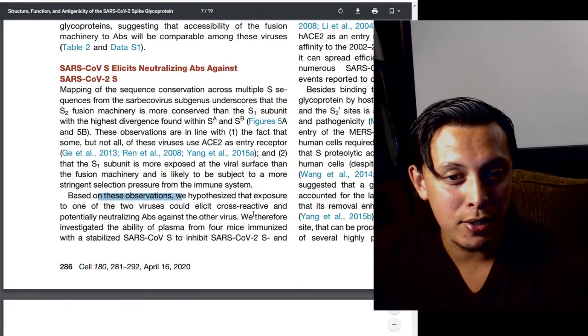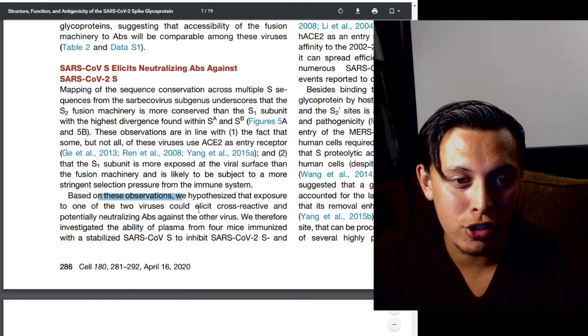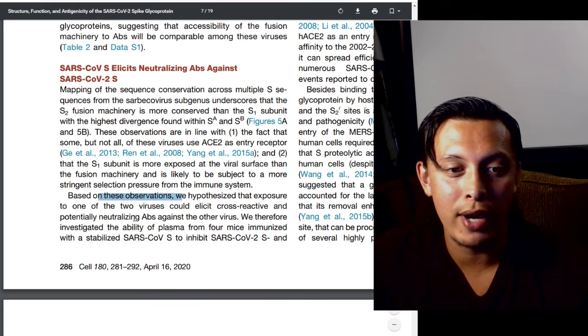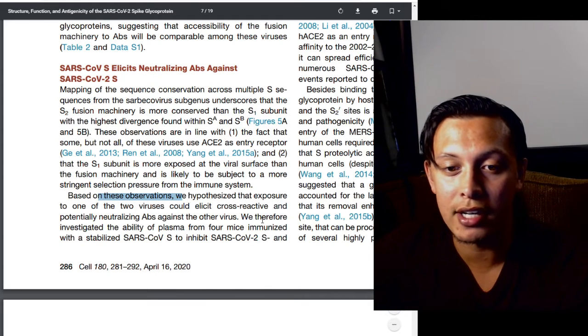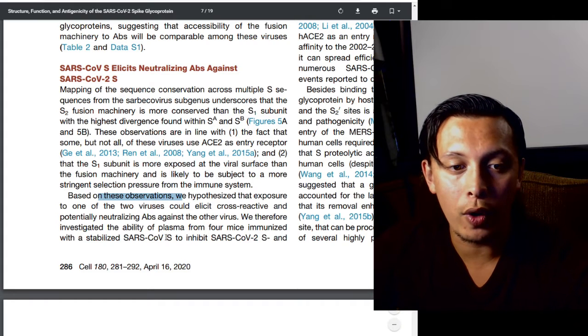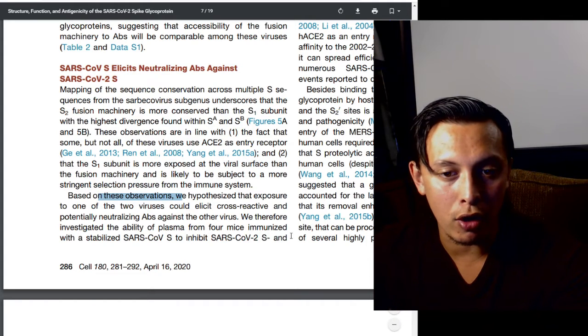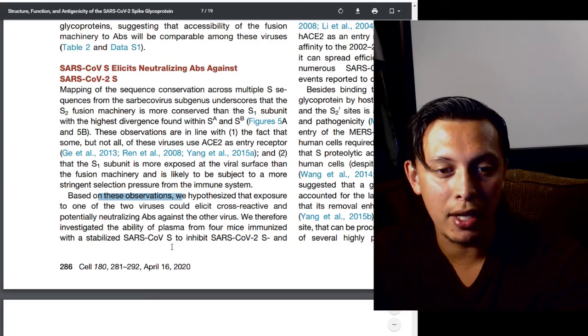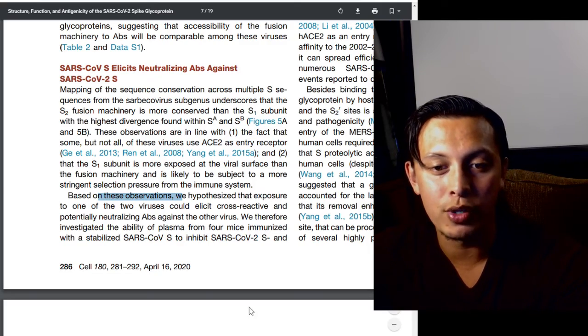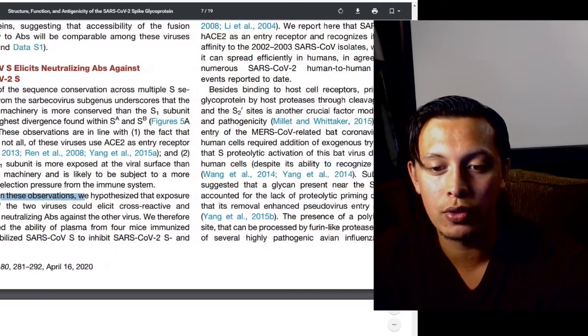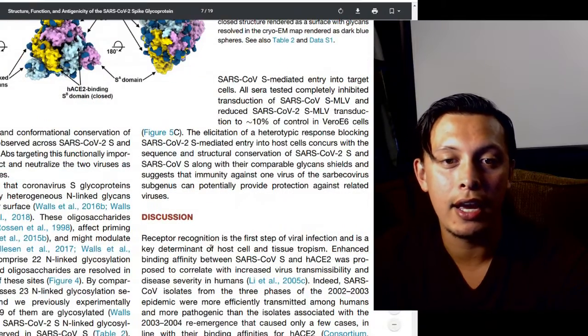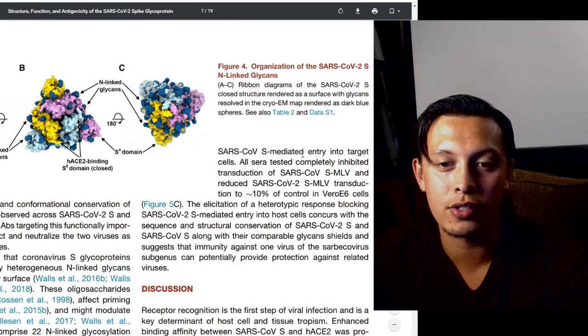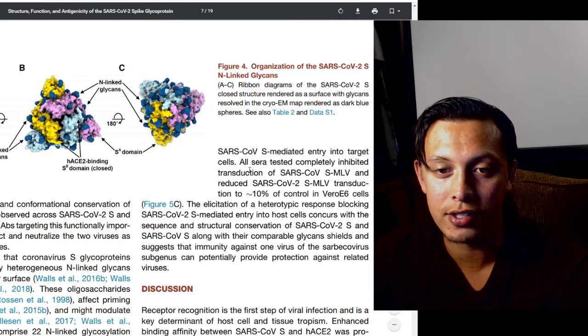So based on these observations, we hypothesized that exposure to one of the two viruses could elicit cross-reactive and potentially neutralizing antibodies against the other virus. We therefore investigated the ability of plasma from our 4 mice immunized and stabilized with SARS-CoV spike to inhibit SARS-CoV-2 spike and SARS-CoV spike-mediated entry into target cells.